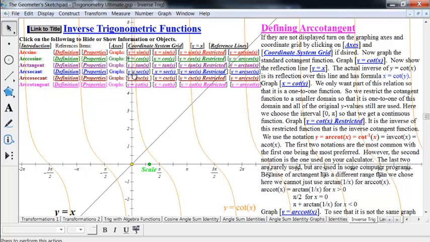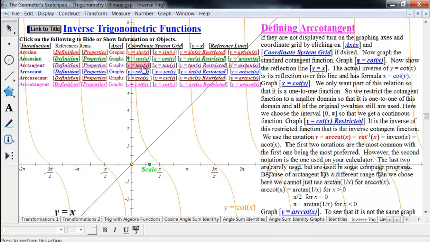So we want to restrict this down. We actually could pick either between negative pi over 2 and pi over 2, or between 0 and pi over 2, just like we did with tangent. Okay, where's tangent?